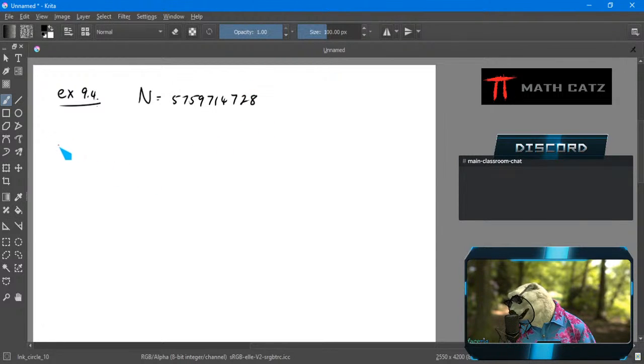So let's start. Divisible by 2. Then I have to remember the test for 2, and that test says check the last digit. If it is 0, 2, 4, 6, 8, I'm good. So it's a yes.